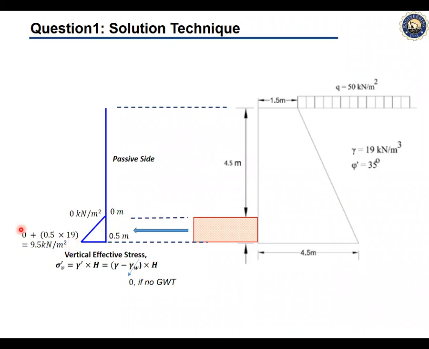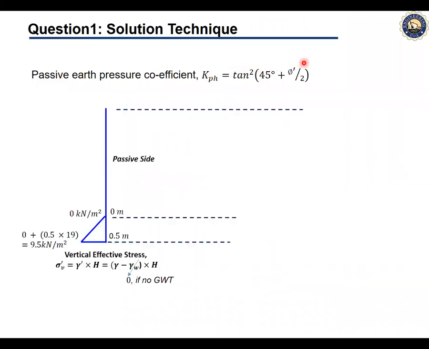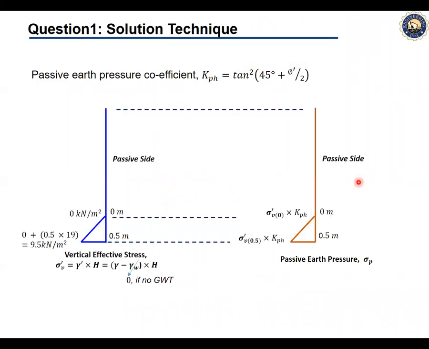Thereby, we come out to 9.5 kN per meter squared at a depth of 0.5 meter, following exactly the same equation for the vertical effective stress. From that, calculating KPH equals tan squared of 45 degrees plus phi prime over 2, we can get the passive earth pressure distribution diagram.